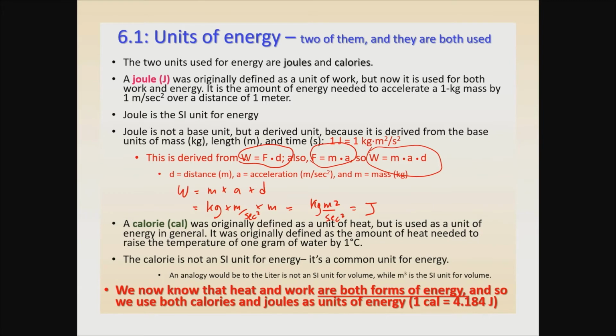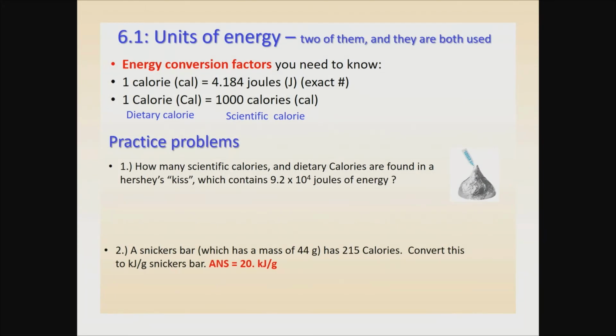You can see that here on the bottom of the slide: it has been determined that 1 calorie is equal to 4.184 joules. So when you're solving problems, you're going to have to be able to convert calories to joules. This will probably be given to you for the test, but you need to know that 1 calorie is equal to 4.184 joules.